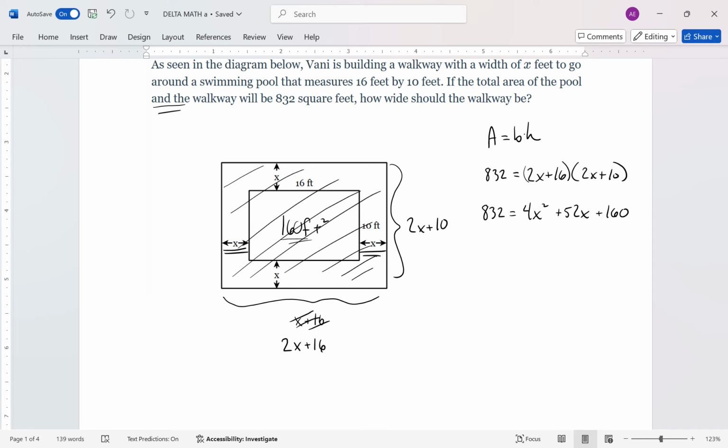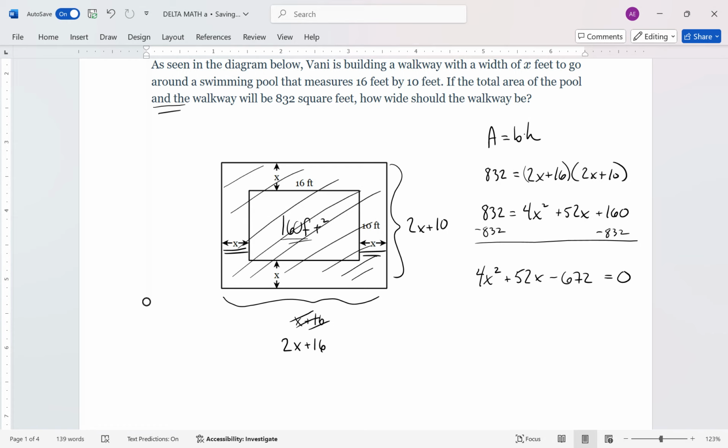How do we solve quadratic equations? Let's get everything equal to 0, in this case by subtracting 832. Using the symmetric property and moving everything over to the left-hand side, as I'm accustomed to doing, this will be 4x squared plus 52x, subtract 832 from 160, negative 672, if I'm not mistaken, equals 0.